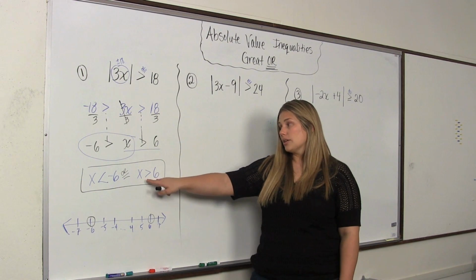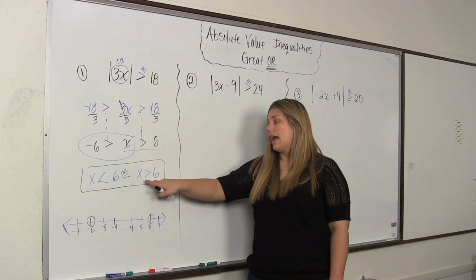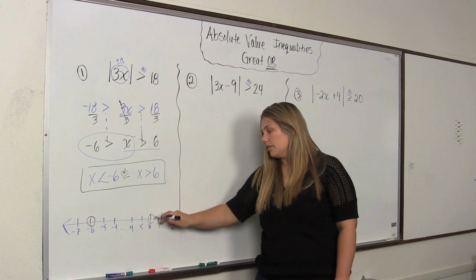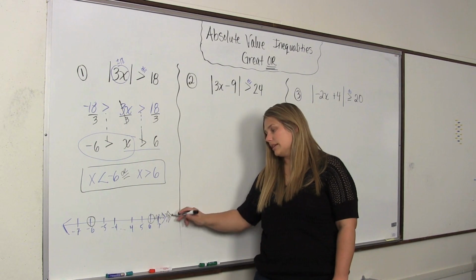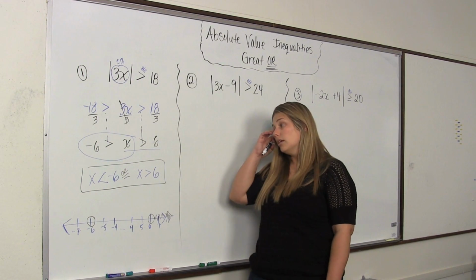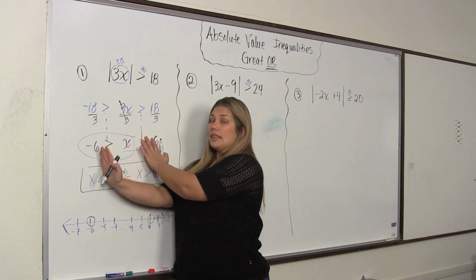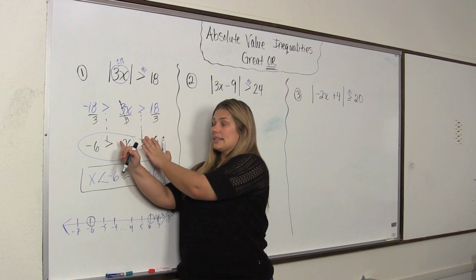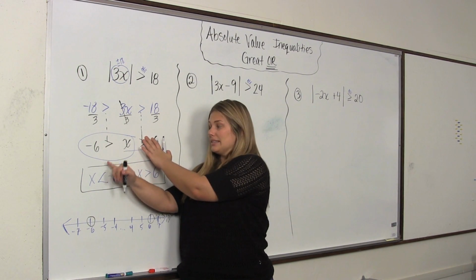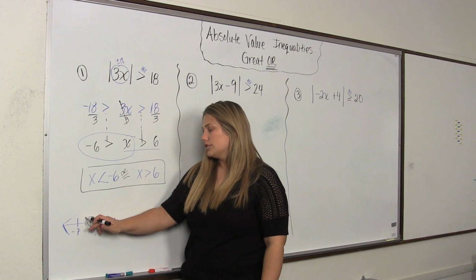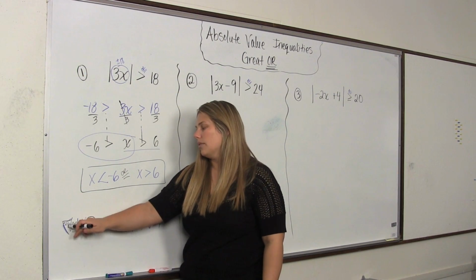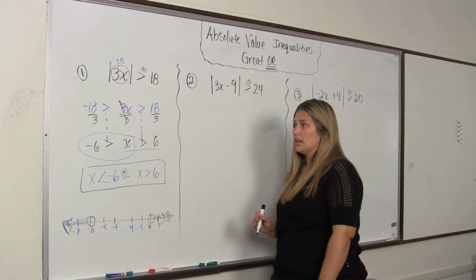If I look at this inequality right here, I have x is greater than a positive 6, so I should be going to the right. And if I cover that up and I look at the other part, this is saying x is less than negative 6. So from the negative 6, I should be going to the left.